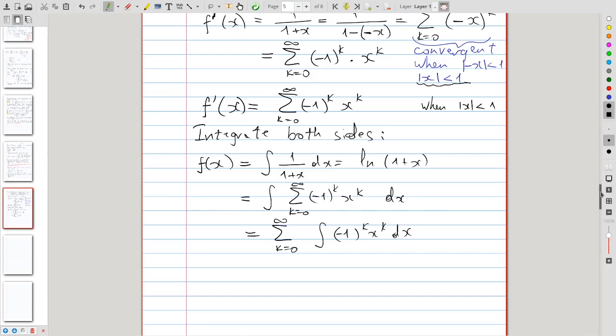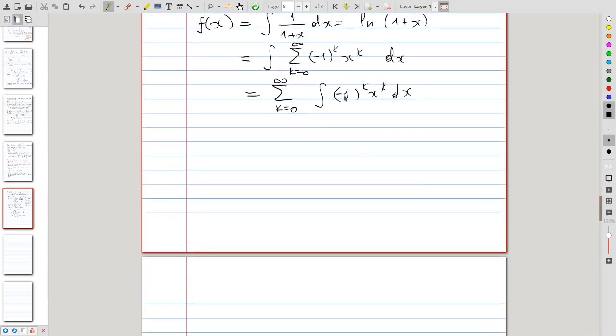Okay, so now basically our goal is to compute the antiderivative of this guy here. Observe that minus 1 to the k is just a constant. It's independent of x, so we can write this sum like so.